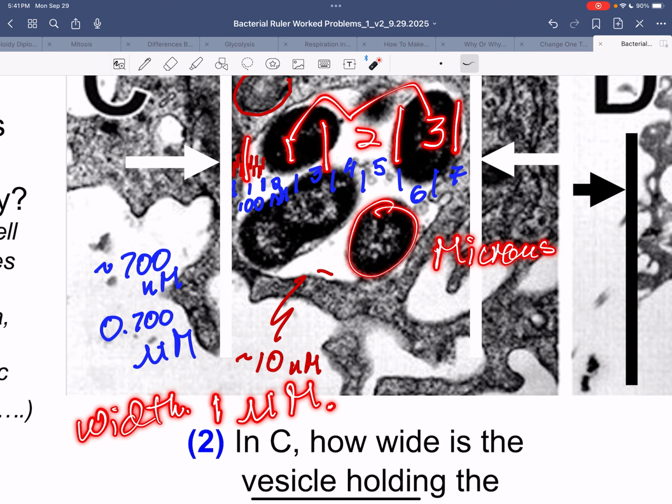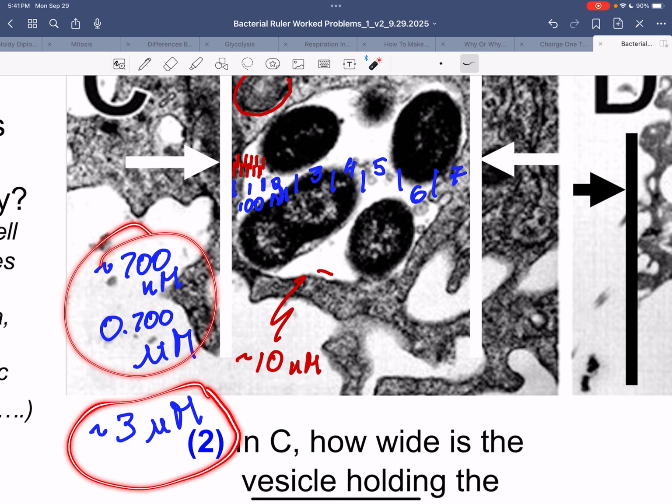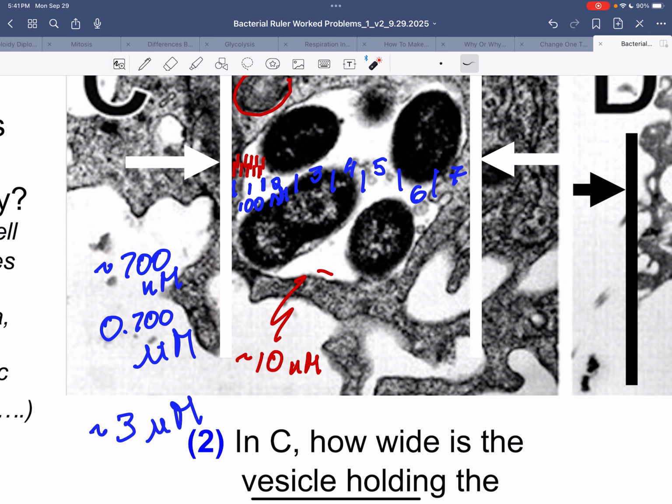So using the bacterium, although it's not an E. coli, that would give us an alternative of about 3 microns. The logic of either one of these would probably be acceptable, but you would have to show your work. Which one is more reliable? Probably this one, using the thickness of the membrane.